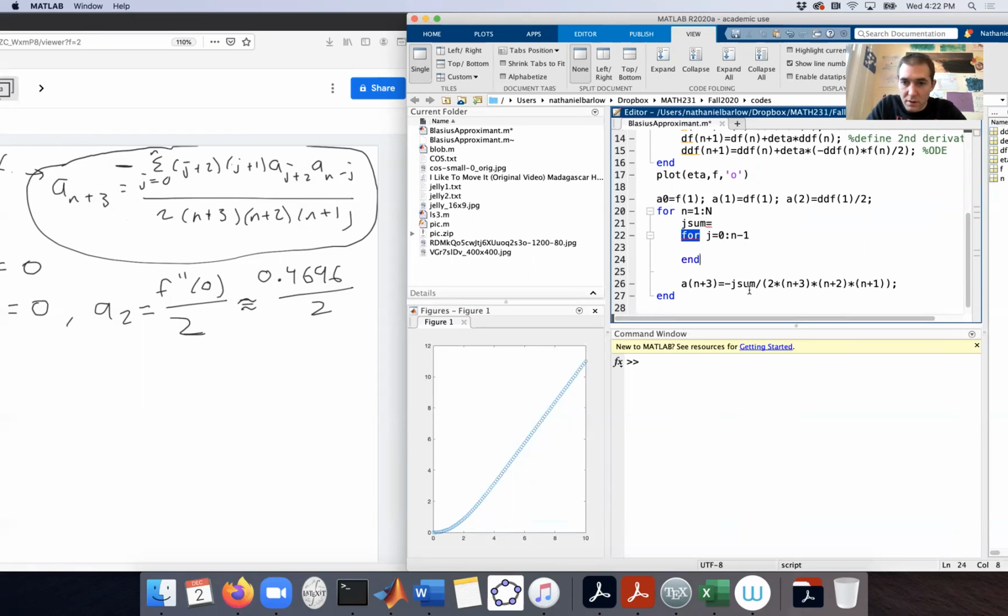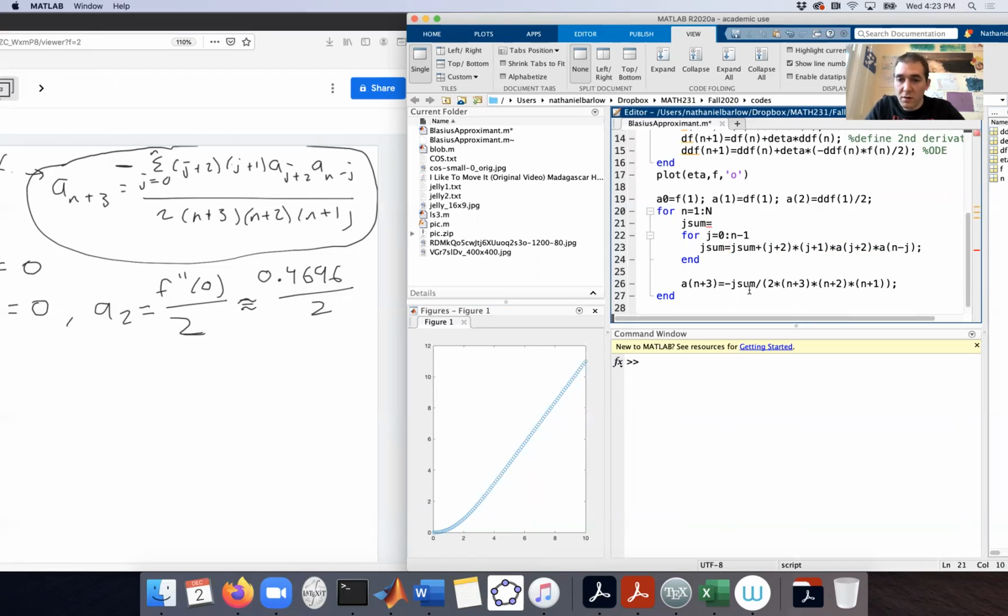Okay, so J sum equals J sum plus, do I want to include the negative? The negative's already included, right? Okay, J plus 2 times J plus 1 times A of J plus 2 times A of n minus J. You'll see there'll never be an A of 0 the way that we have this.